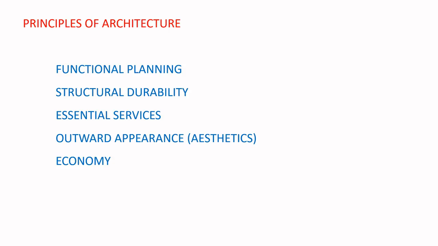So second one is structural durability. So what do you mean by structural durability? So a building constructed should be durable and strong. It should be long lasting. So it is the job of a structural engineer or a design engineer or a civil engineer to decide the type of construction to be adopted.